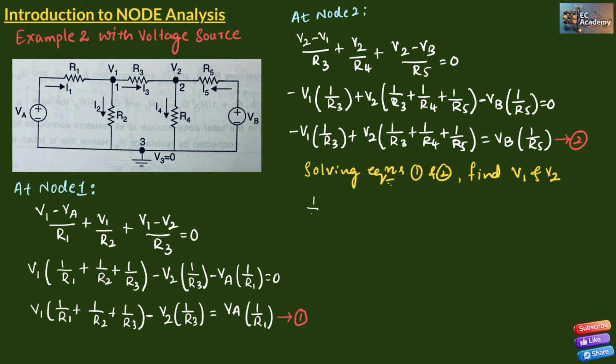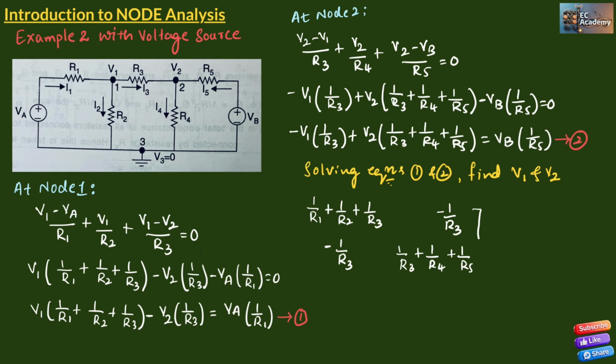So, it will be 1 by R1 plus 1 by R2 plus 1 by R3, and for V2 we have minus 1 by R3. In the second row, we write V1 of equation 2. So it will be minus 1 by R3, and V2 is 1 by R3 plus 1 by R4 plus 1 by R5.